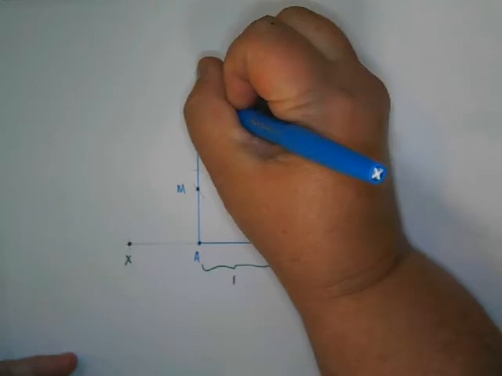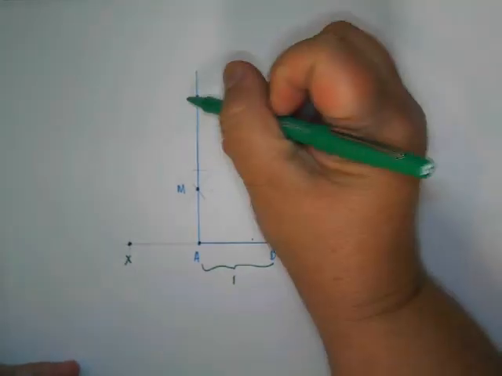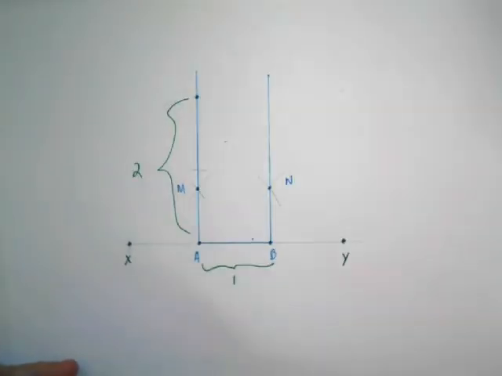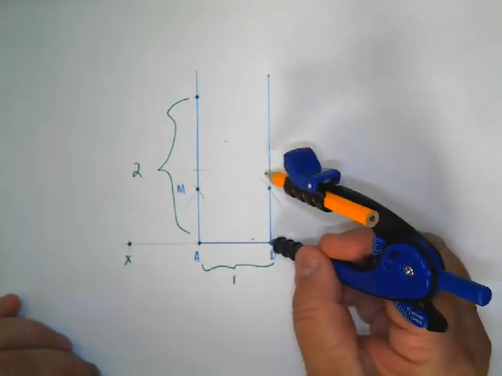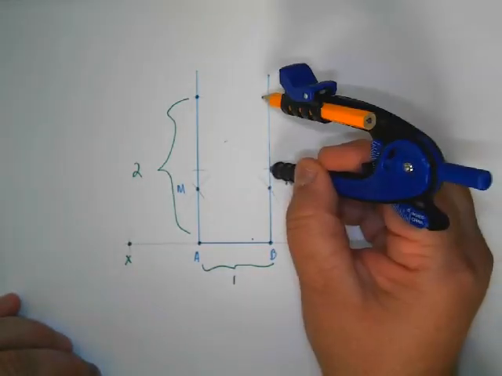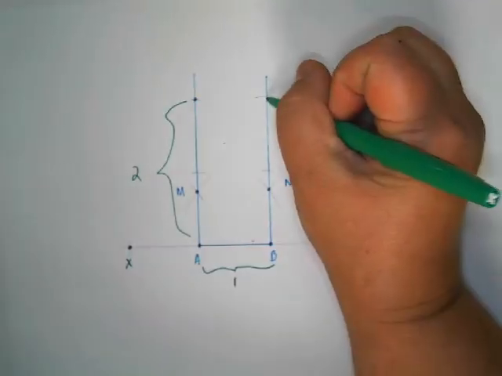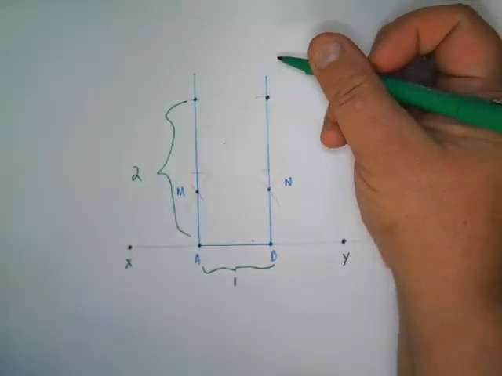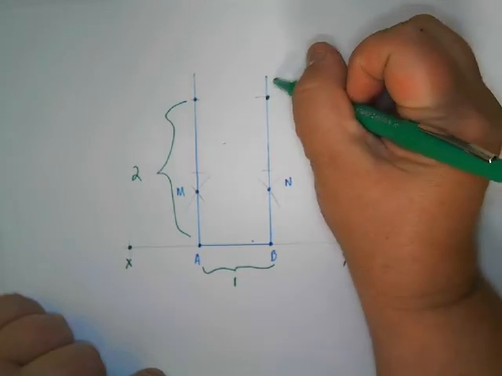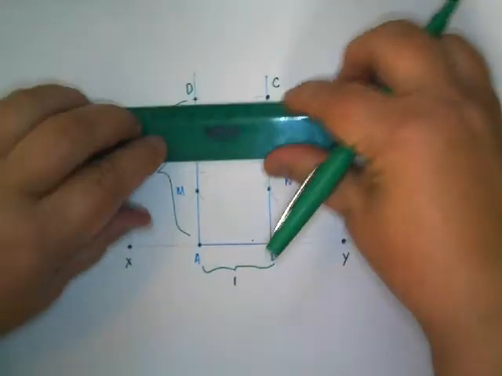So there is a side length of 2. I'll do the same thing on the other side. 1, 2. And let's call that ABCD.